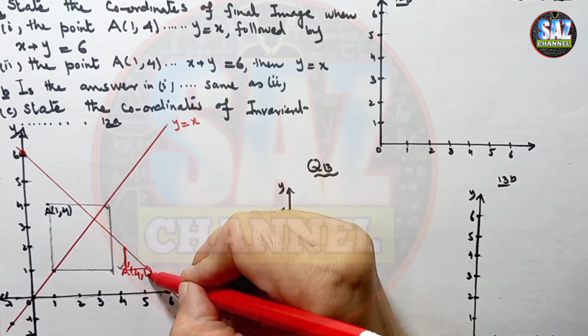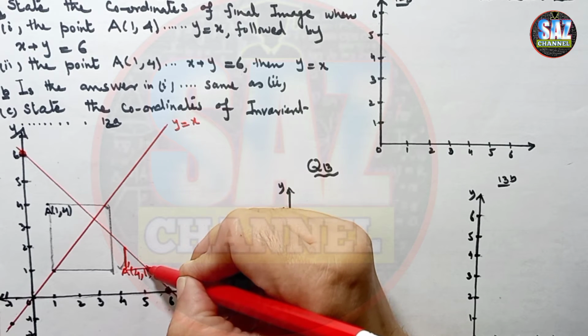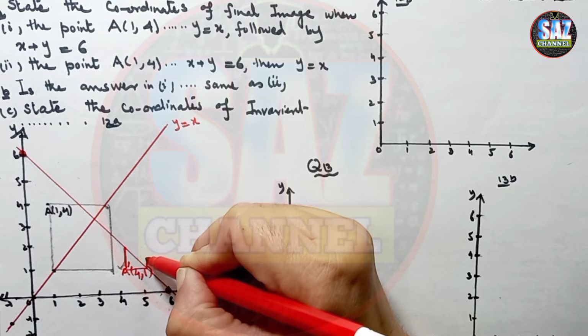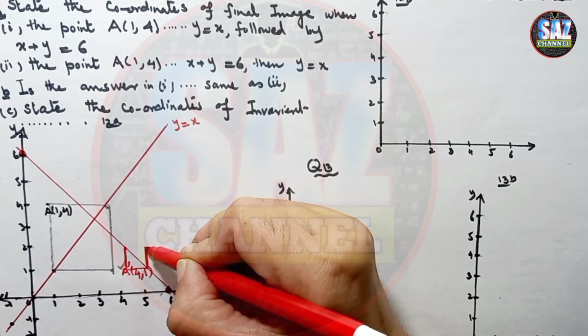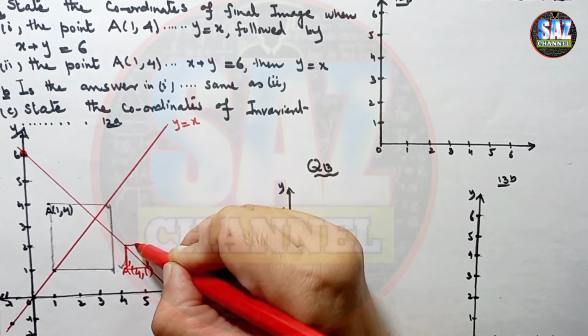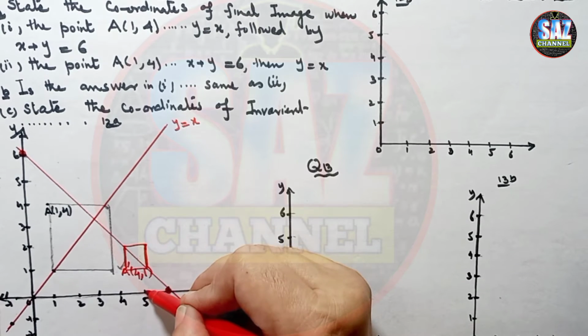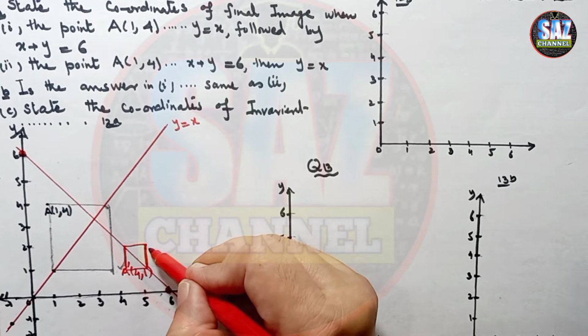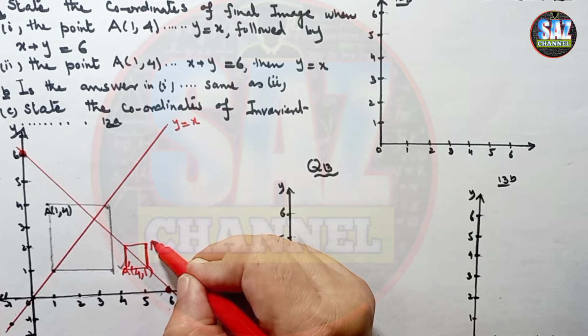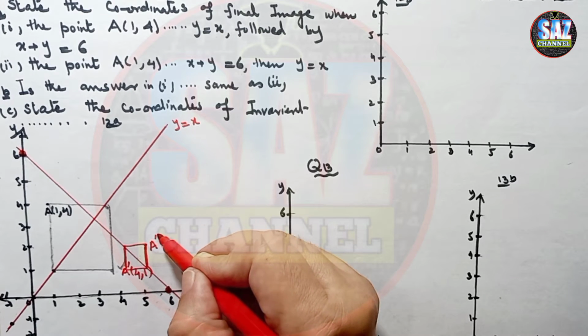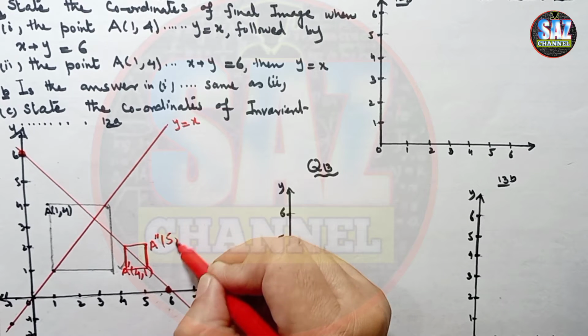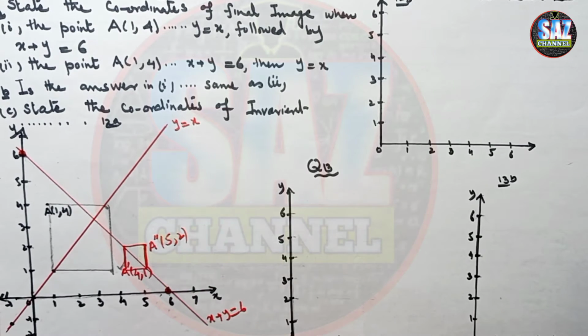Now it's coming at the top of 5, and I have to make the other half of the right triangle on the other side of the mirror line, and they cut each other at x equals 5 and y equals 2. So the coordinates of the final image are (5,2). I hope you are clear about this part of the question.